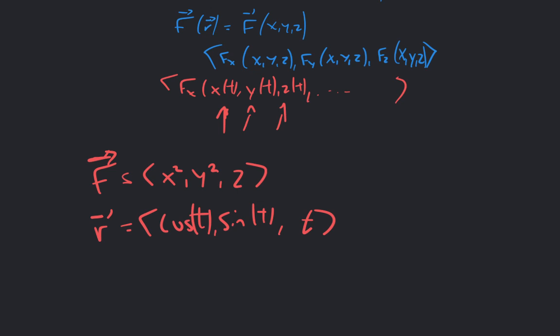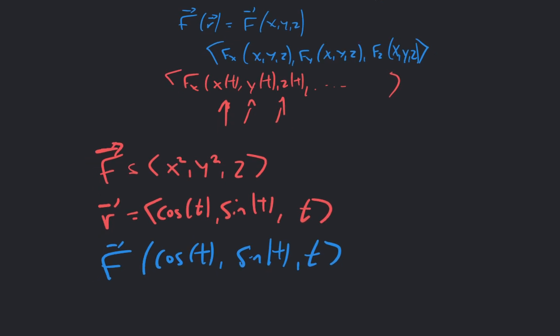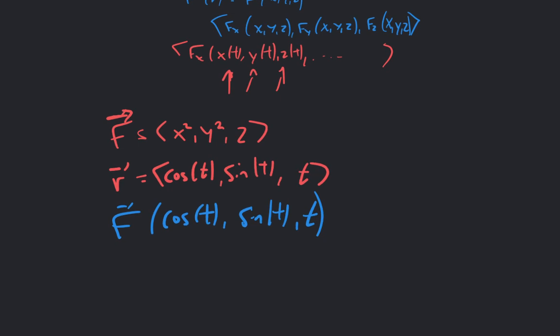F of r of t would be f of cosine of t, sine t, t.